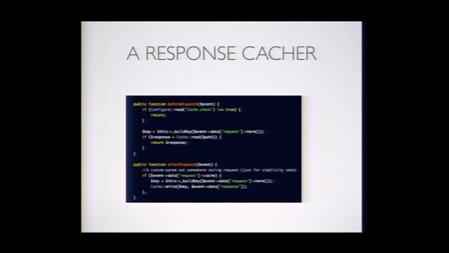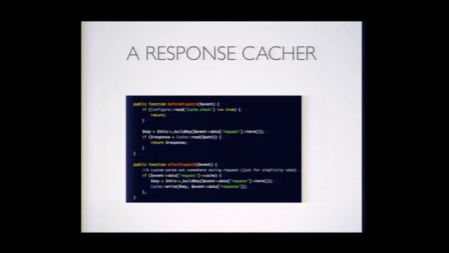And this is a response cacher, kind of taken from CakePHP 2, but modified to my own needs. We get to build the key for the cache, whatever we have at hand, like the URL, the query string. So we store the request into cache. It could be memcache, files, APC, whatever. And that's only if the key is there.